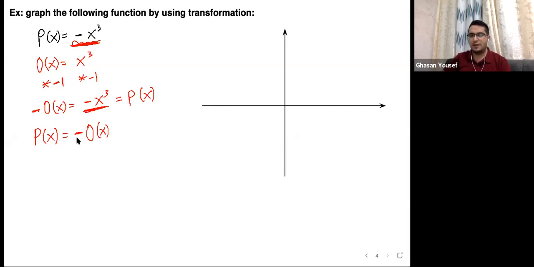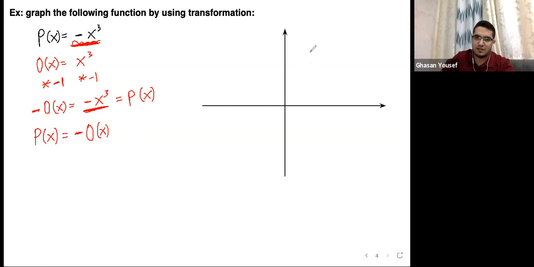Sometimes we multiply the minus inside the function, I mean inside the parentheses, and sometimes outside. Yes, Jillian, this is correct. Thank you. So we have to reflect the original function around the x-axis. The minus is outside the original function, so we graph the original function, then reflect it around the x-axis.